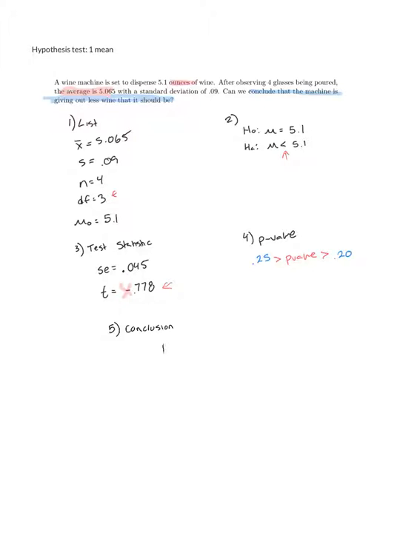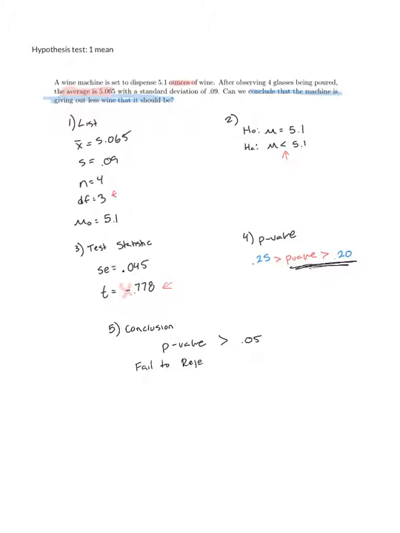And to reach our conclusion, we always compare our p-value to our significance level of 0.05. Our p-value is in between 0.25 and 0.2. In fact, if you look at it, I can tell my p-value is bigger than 20%, and if my p-value is bigger than 20%, it sure as heck is bigger than 5%. Based on this, then, I can say, well, we fail to reject.